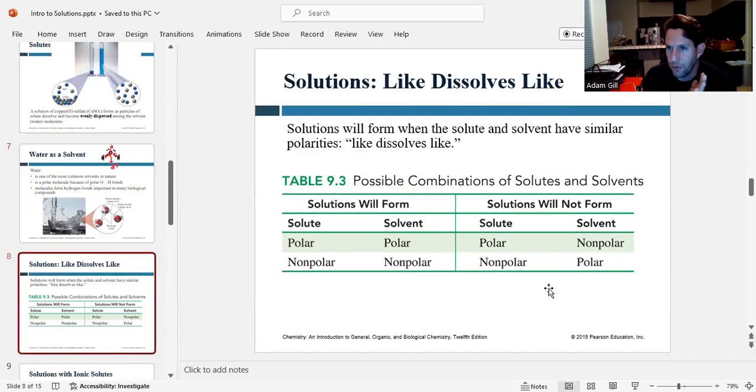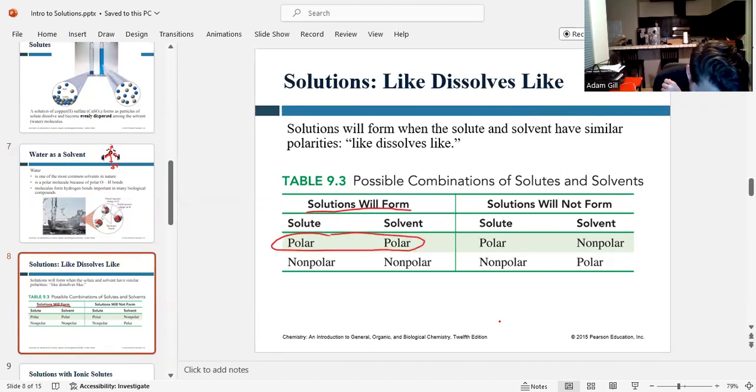Now, water is not the only solvent. There are other liquids that can be solvents, like oil or gasoline can dissolve things as well. But in order for a solution to form, you need the same type of intermolecular forces between the solute and the solvent. So a solution will form if you have a polar solute and a polar solvent.